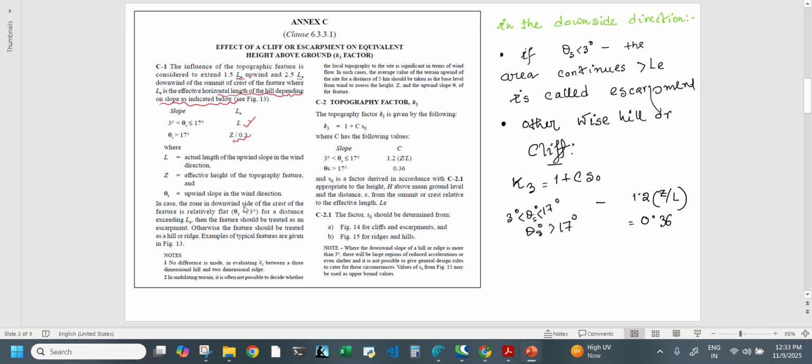What it says is, in case of the zone on the downwind side of the crest, the feature is relatively flat for a distance exceeding LE.